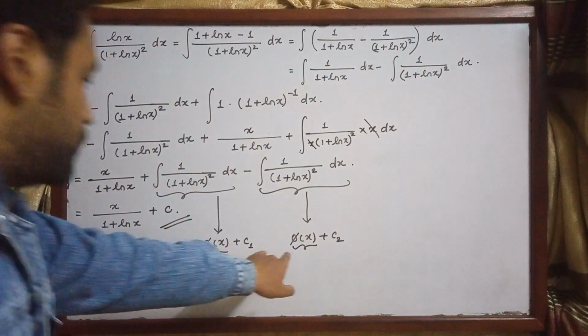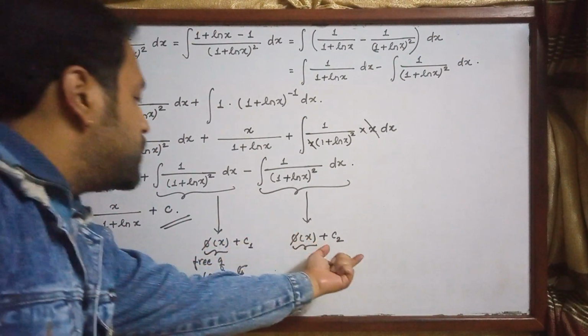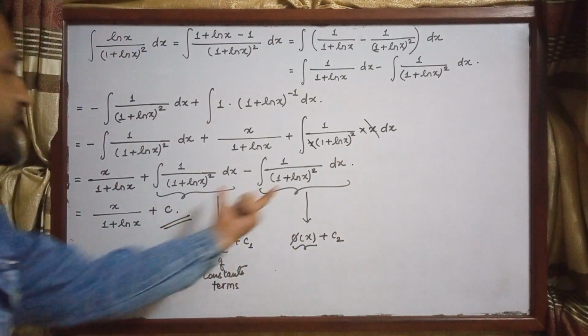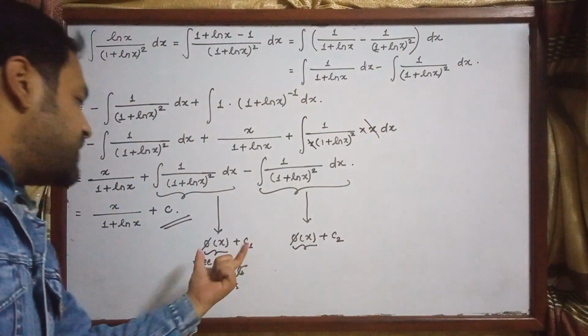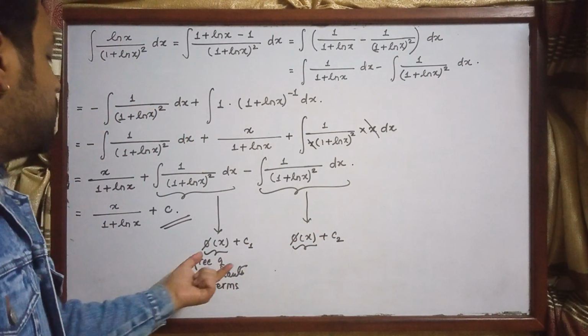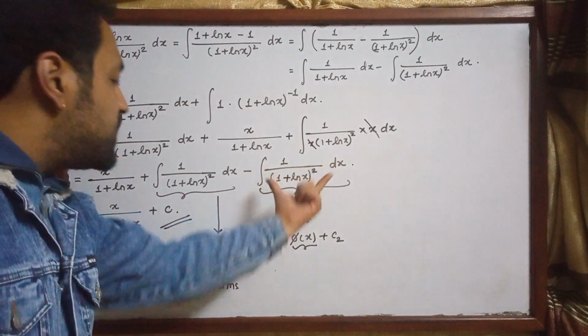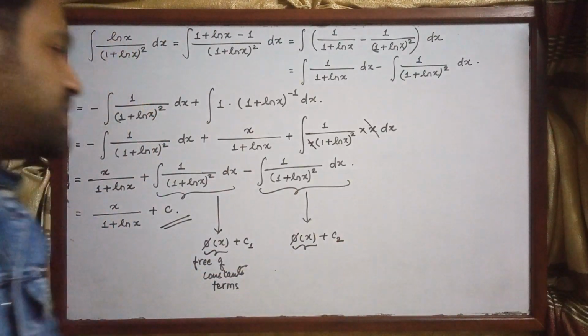So if we do not get phi x over here, the difference between the two antiderivatives might not be a constant, which is not possible. So we assume this to be phi x plus some other constant.